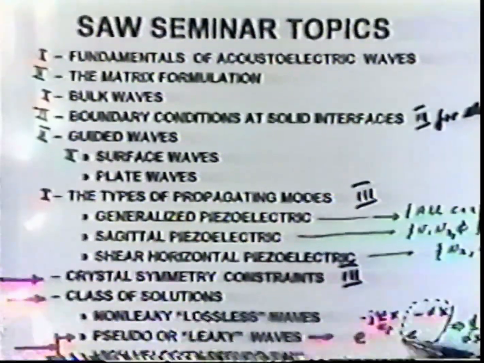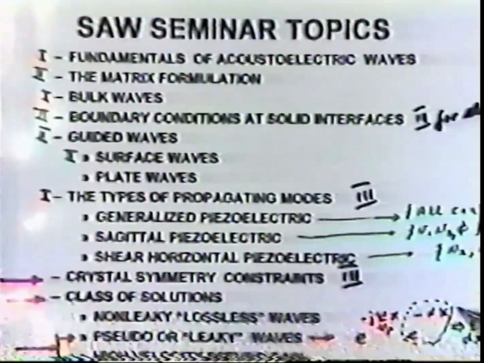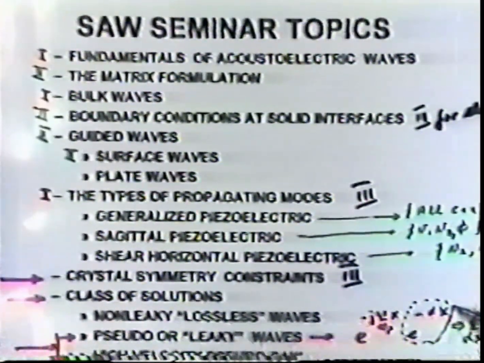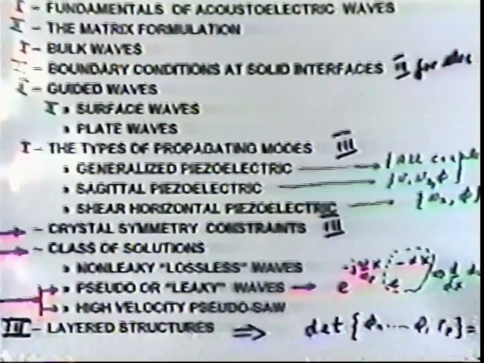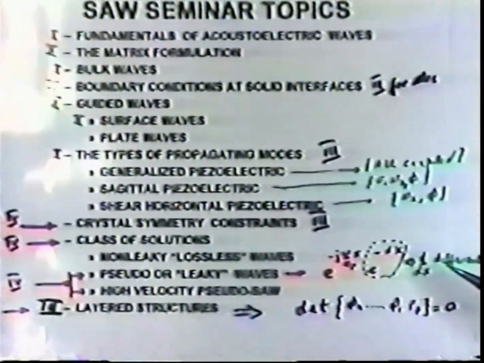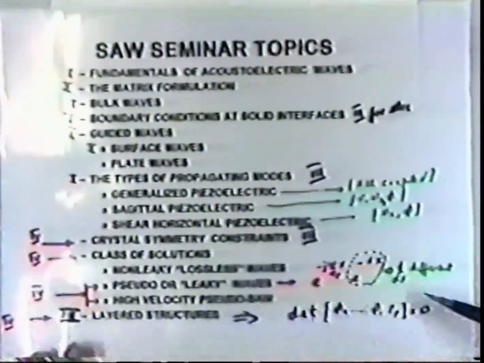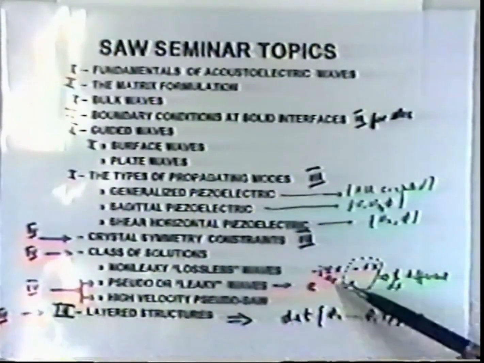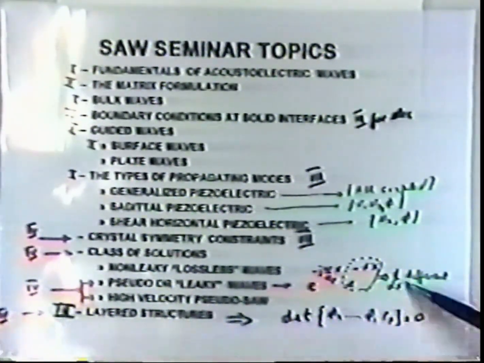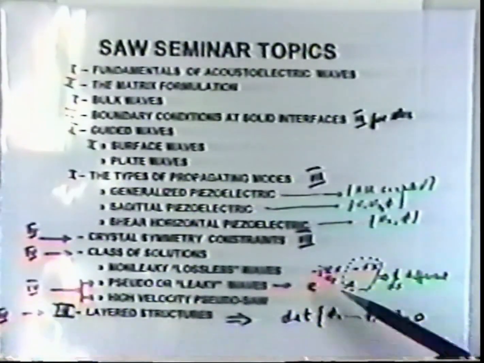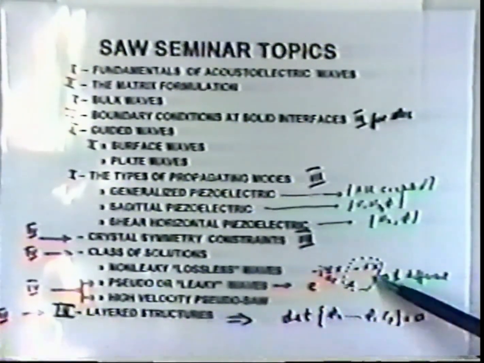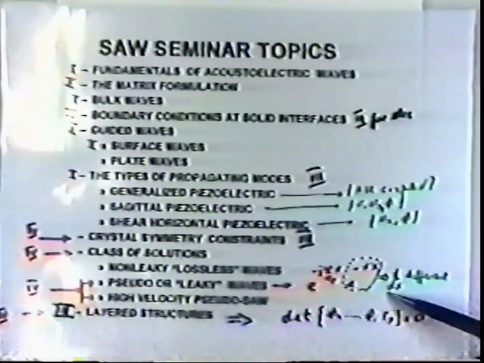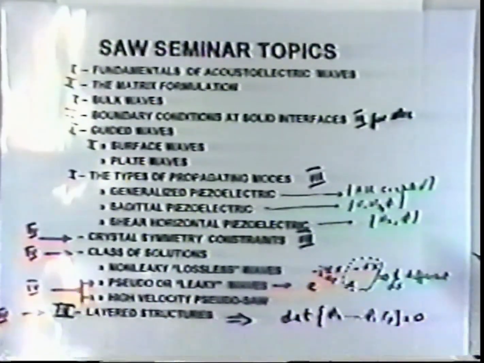The one thing which is different, and I'll discuss that in more detail in just a moment, is that with the pseudo surface wave, the derivative with respect to the x or x1 direction is not just a phase constant, but there is an attenuating component in the direction of propagation. And that has an impact on what we have to do about finding solutions to such modes.